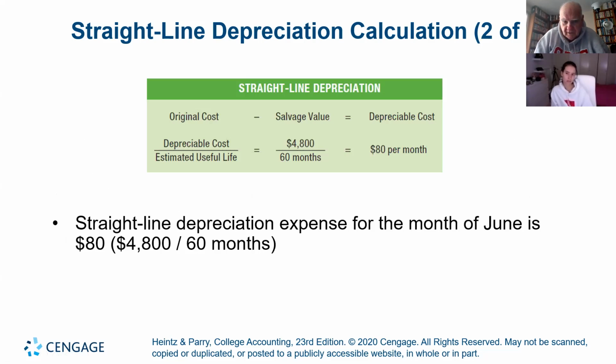We're going to take $4,800 and divide it by the life of the asset. So every month, we are going to depreciate this thing $80. We're going to say, this is our depreciation expense.